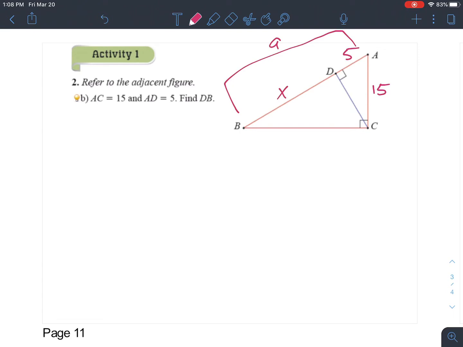let's find that right there. And let's do A, 5, and 15. I think that will work, or that will work as well, I should say. So that means that we will have 15 squared equals 5 times A. 15 squared, I think that's 225, yes.